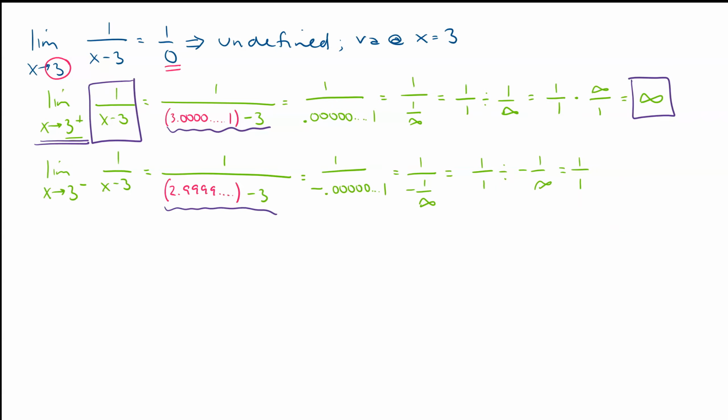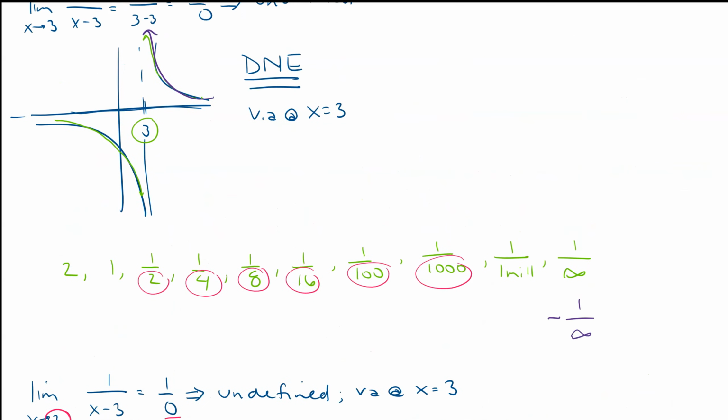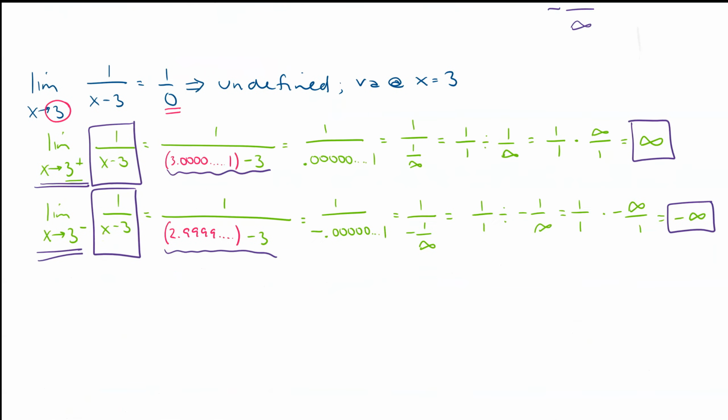That's 1/1 times negative infinity over 1. I get negative infinity. So looking at the function 1/(x minus 3) and approaching 3 from the left-hand side gives me the value negative infinity. And looking back, again, you can see that happening on our quick sketch. Approaching 3 from the left-hand side, the function flies way down to negative infinity.